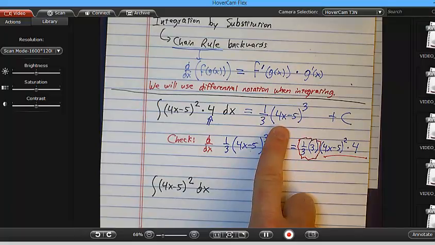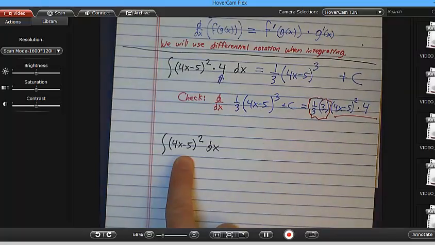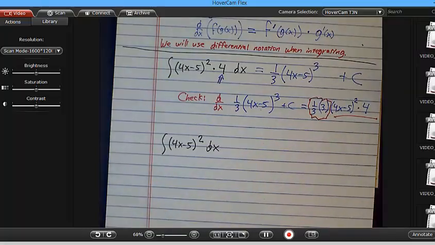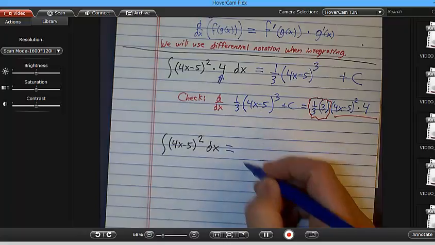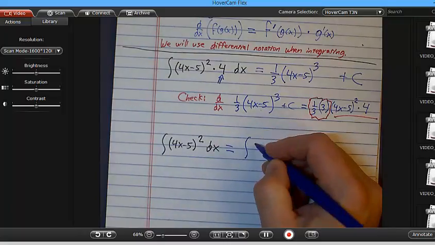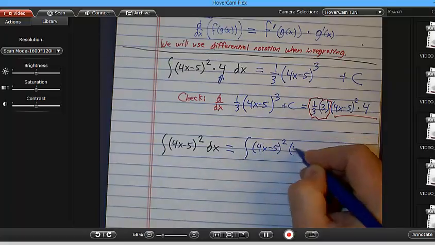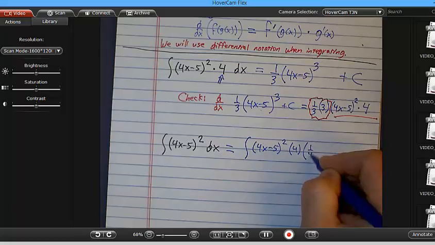So the idea is going to be this. If I have this problem, what I would like to do is change it so there's a 4 there. Well, I can do that if I also multiply by 1/4.